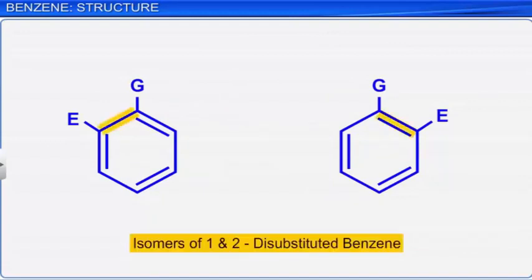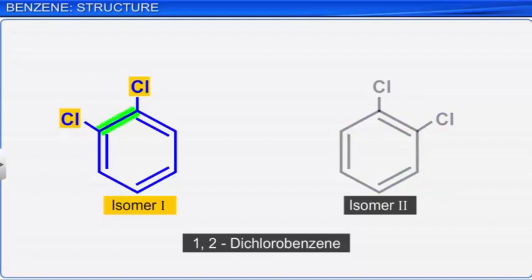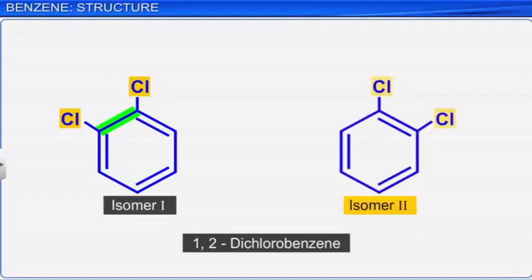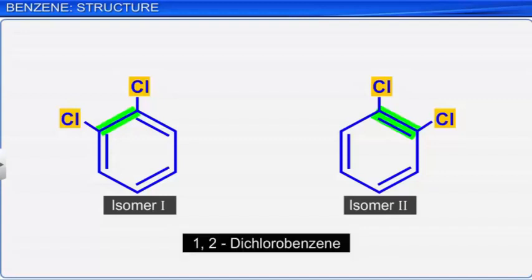For example, as shown here, in isomer 1, the two chlorine atoms are attached to carbon-carbon single bond, whereas in isomer 2, the two chlorine atoms are attached to carbon-carbon double bond. Hence, there is a possibility of two isomeric 1,2-dichlorobenzenes. However, experimentally only one 1,2-dichlorobenzene product is obtained.